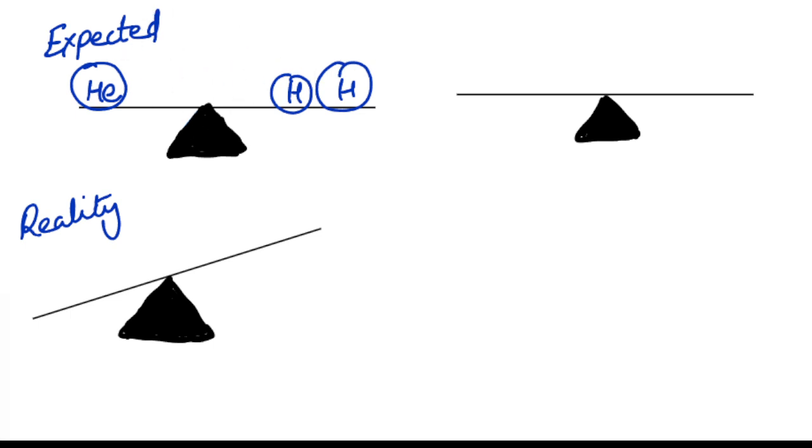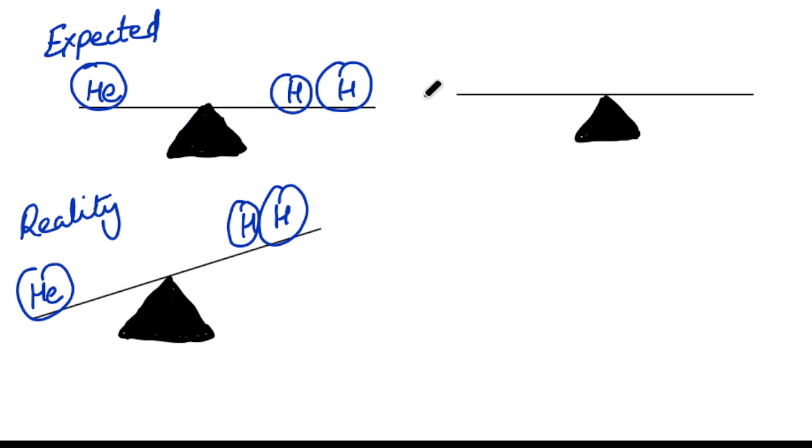This was their expectation. But what is the expectation versus reality? Reality was that the helium atom shows more mass than 2 hydrogen atoms. Okay, so all the scientists were very surprised how this was happening.